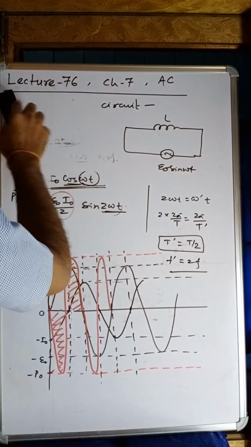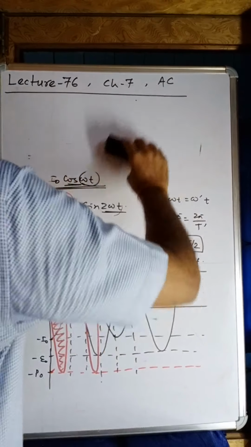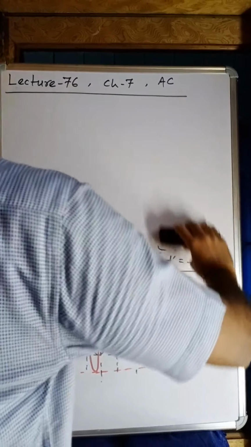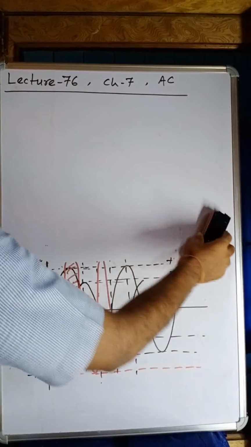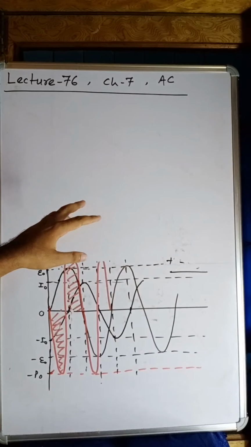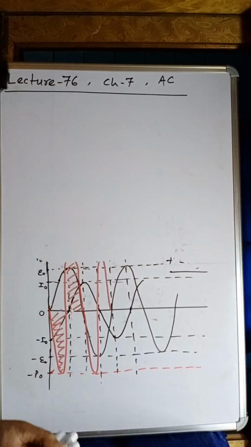One more thing we have left for the inductive circuit, it was the graph I told you. My dear students, could you draw the graph of inductive reactance with angular frequency and inductance?